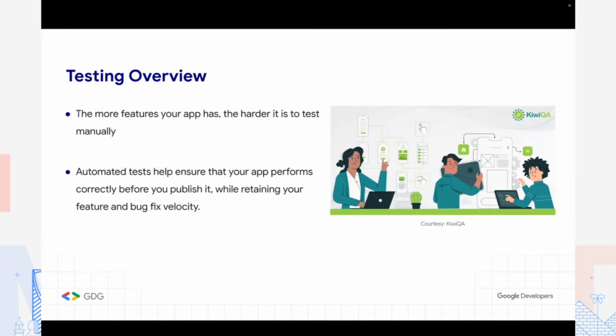It is simply the type of test where you will be using tools to perform testing, and they will ensure that your app performs correctly before you publish it, while retaining your feature and bug fix velocity.